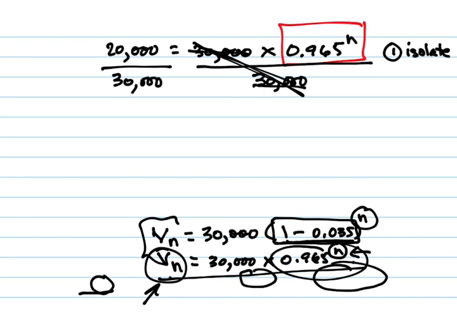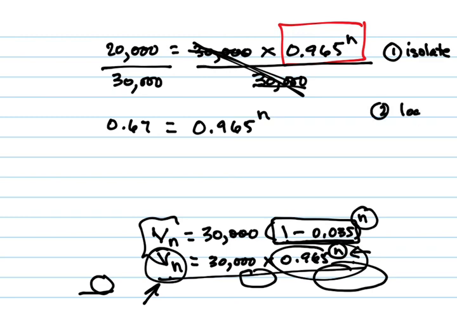Now again, I made this up, so it's going to probably come out terrible, but just deal with me. So 20,000 divided by 30,000 gives us 0.6, we'll call it 0.67, just rounding it. Okay? And on this side, since the 30,000 is gone, we have that left. So we've isolated it.